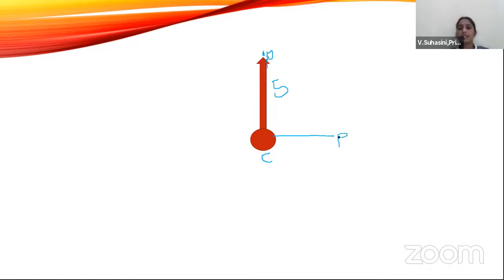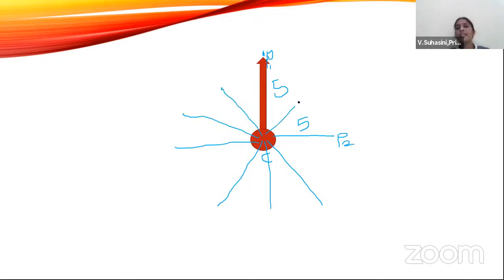Suppose this is P1, I can take here P2. And this distance might also be 5 centimeters. Like this, here, here, here. I can collect many points in the plane which are at a distance of 5 centimeters from this fixed point. Are you all following, children?